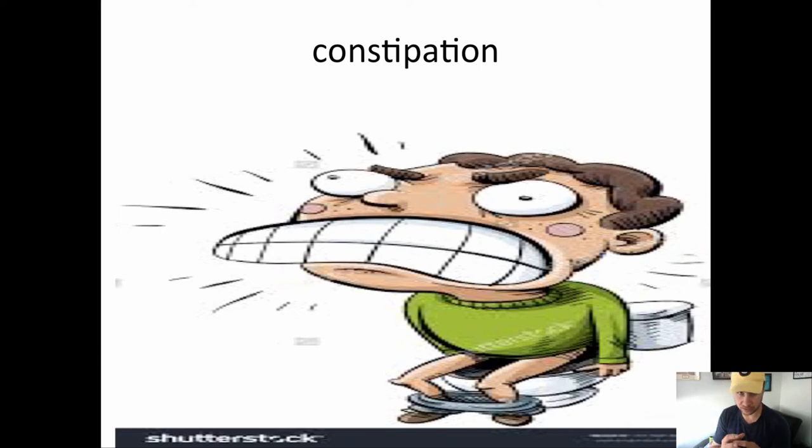So your stool has to be well hydrated. Too much will bring you diarrhea. Not enough will bring you constipation. So first, hydration.